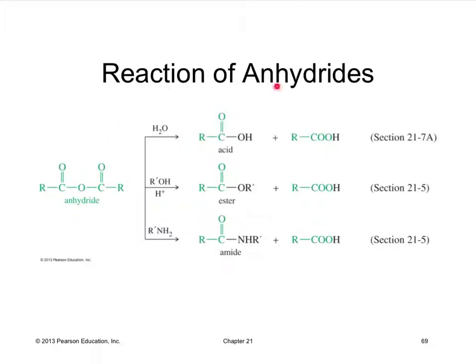Anhydrides react with water to generate acids, right, on either side, because this is a symmetrical anhydride here. In the presence of an alcohol, will generate an ester, and then in presence of an amine, generate the amide, again, with the other side being the carboxylic acid.